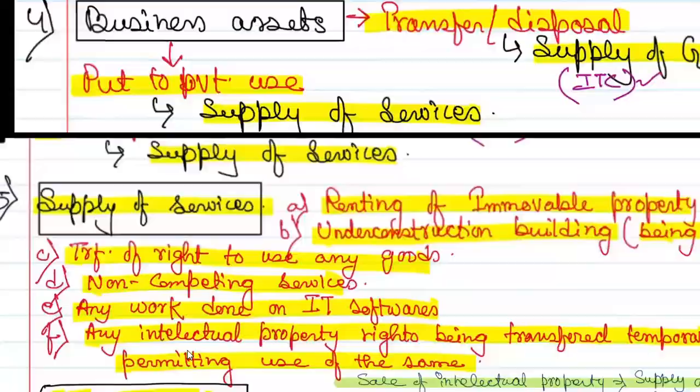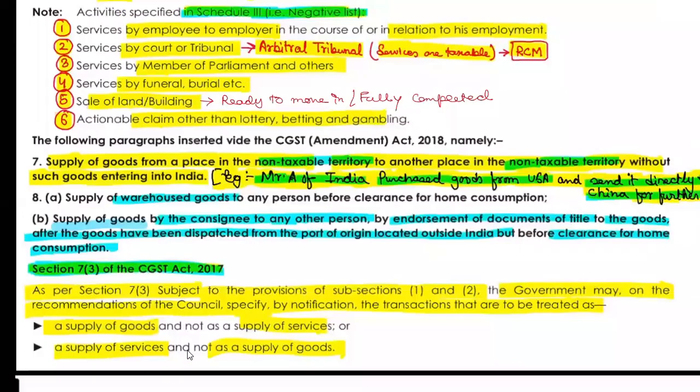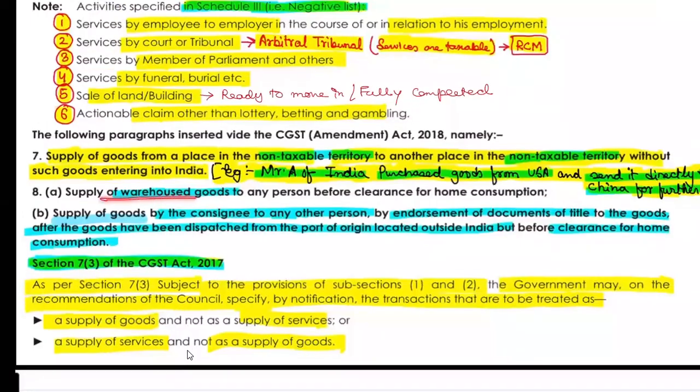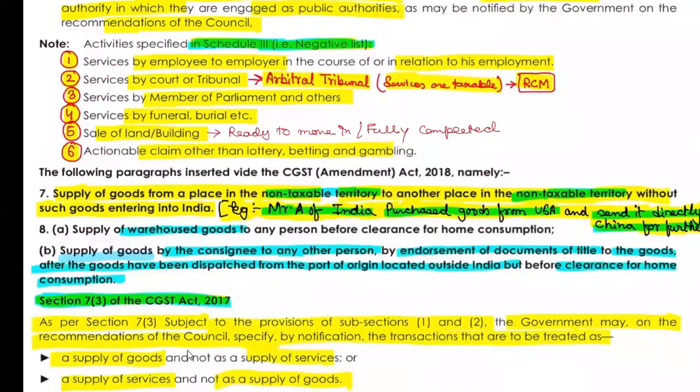I think you can connect. See, supply of warehouse goods, that is Mr. A's goods kept in the warehouse, to any person before clearance for home consumption. What are they trying to mean?